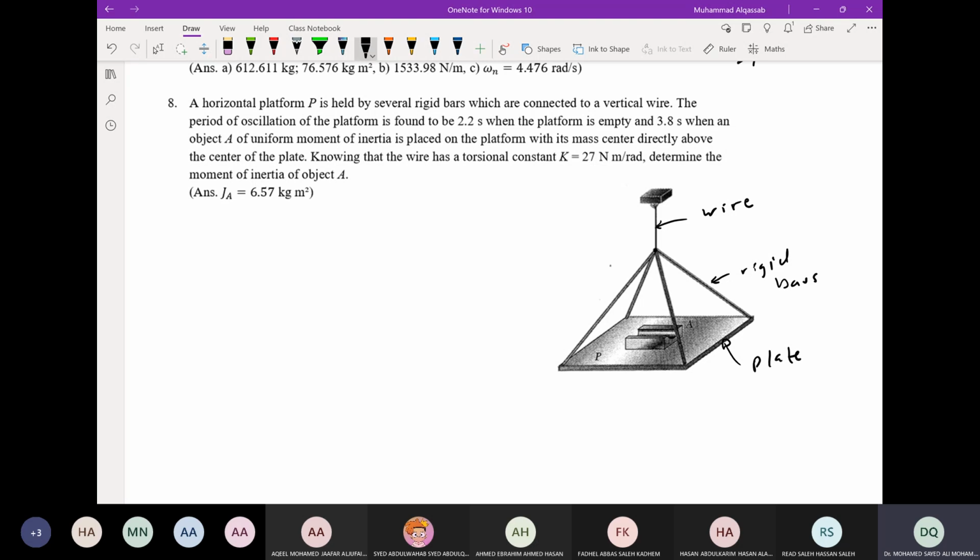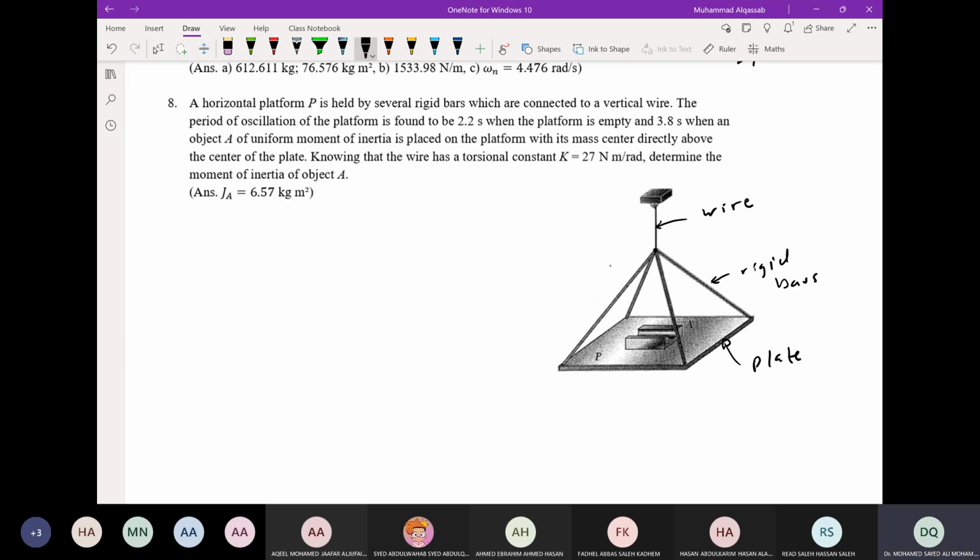And 3.8 seconds when an object A of uniform moment of inertia is placed on the platform with its mass center directly above the center of the plate, knowing that the wire has a torsional constant K equal to 27 Newton meter per radian. Determine the moment of inertia of the object A.